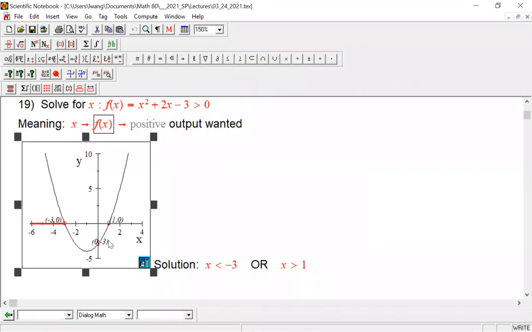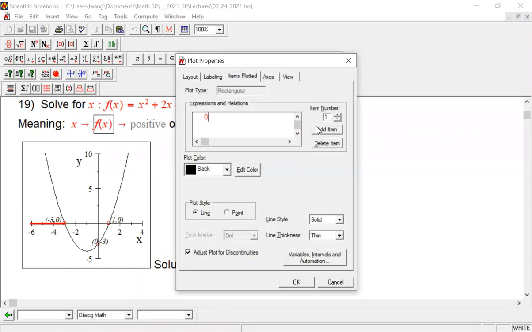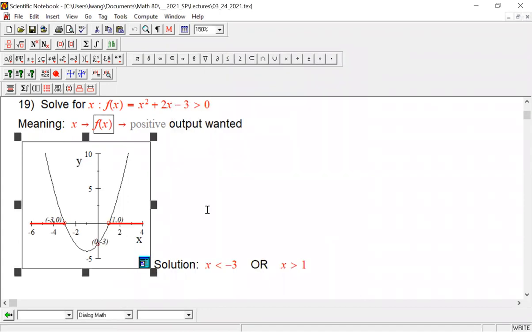Okay, so all of these numbers, not including -3, and all of these numbers, not including 1. So these are the solutions. So once we understand the meaning, do you guys see? Once we understand the meaning, the answer is obvious. Any questions?